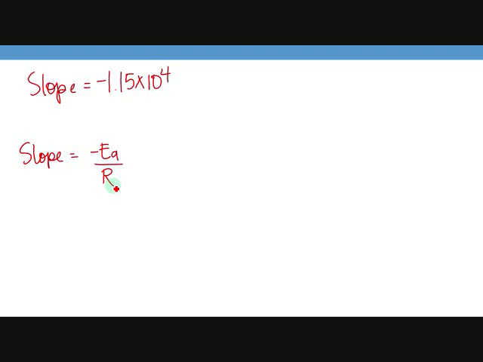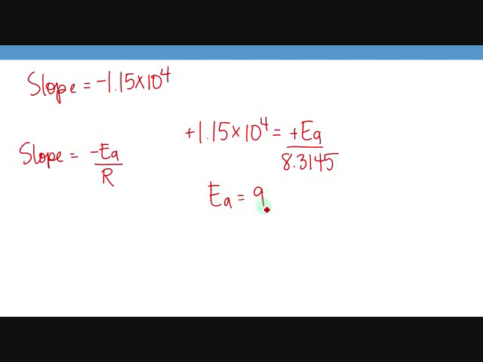We will have negative 1.15 times 10 to the positive 4 equals negative activation energy over R. The two negatives cancel each other out, and R, just look up above on your paper, is 8.3145. So activation energy is 95616.75.